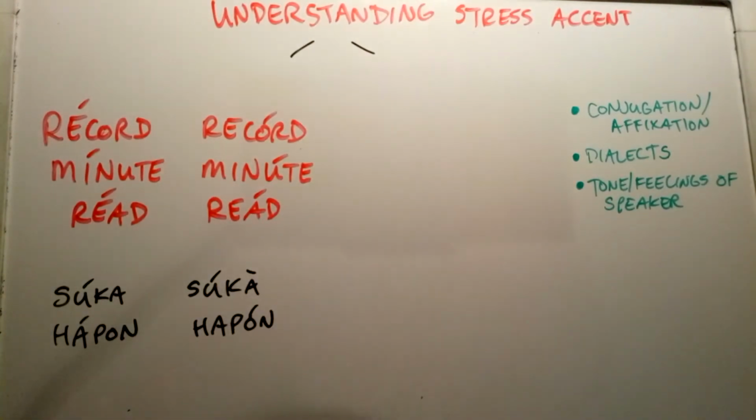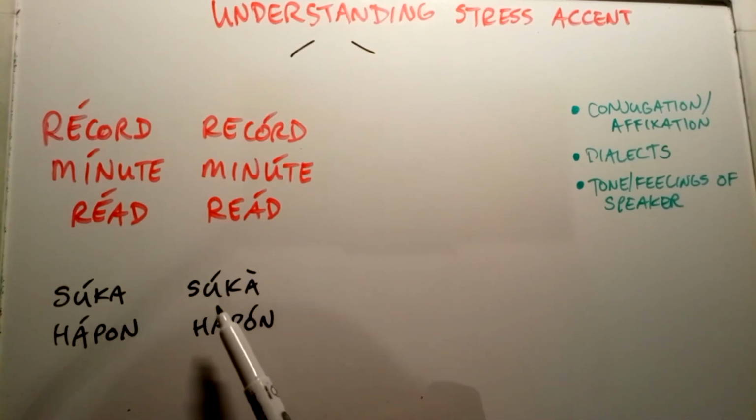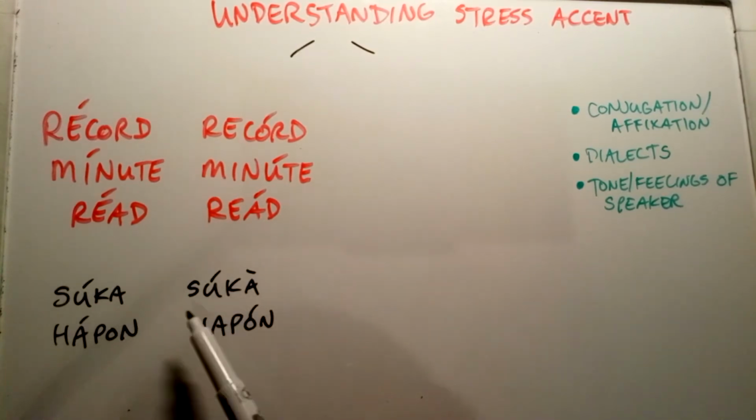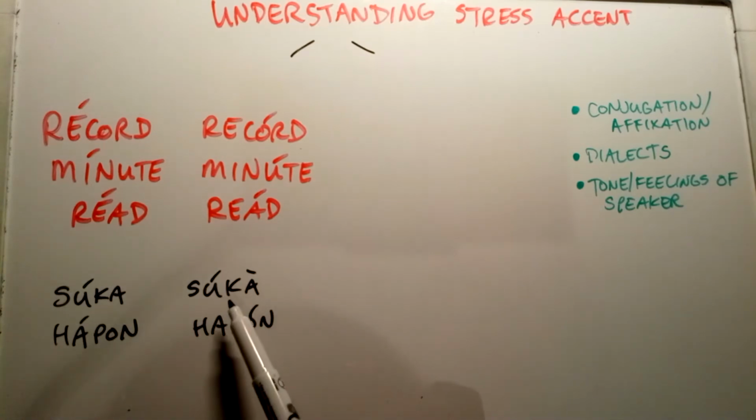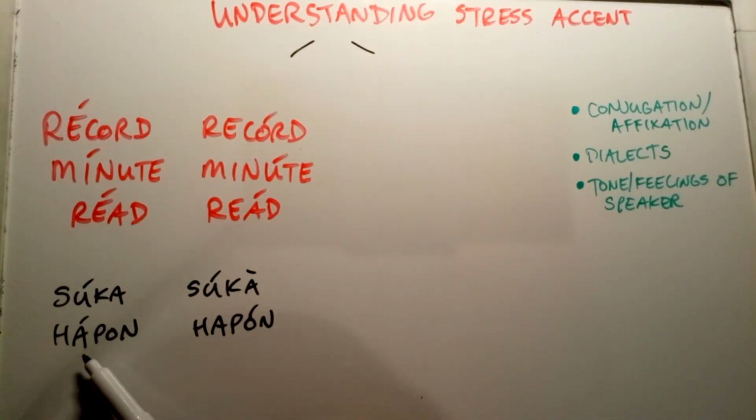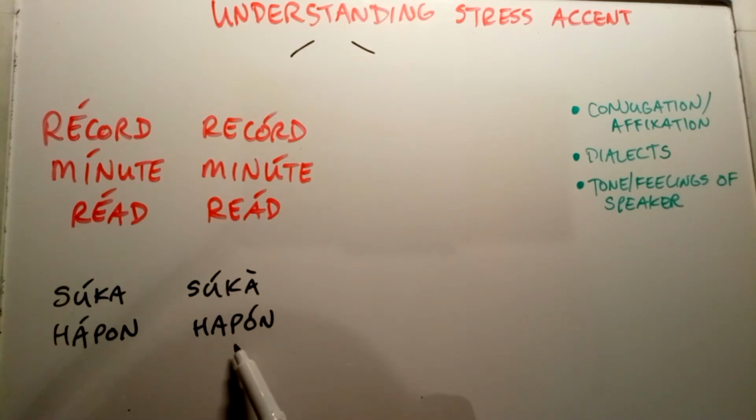Now in Cebuano, there are plenty of examples. I just wrote down two examples that I could think of at this time. The first word we have is suka, suka. And then hapon, hapon.